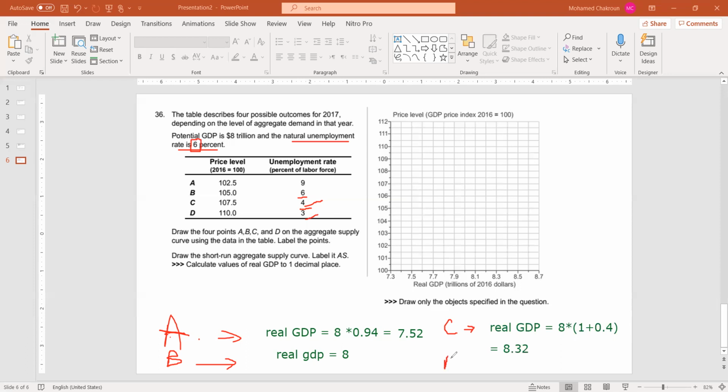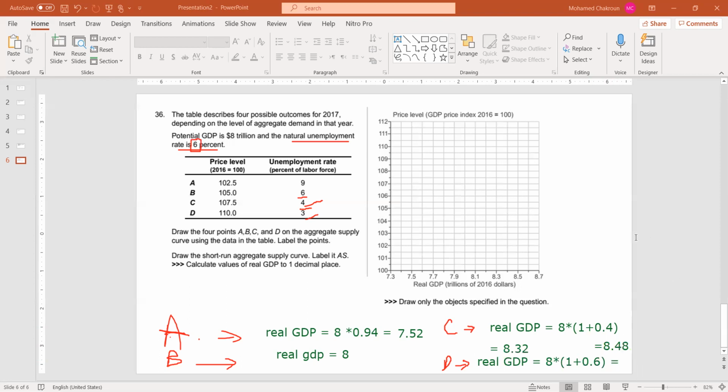So at point D, real GDP is equal to 8 times 1 plus 0.6, which is equal to 8.48.